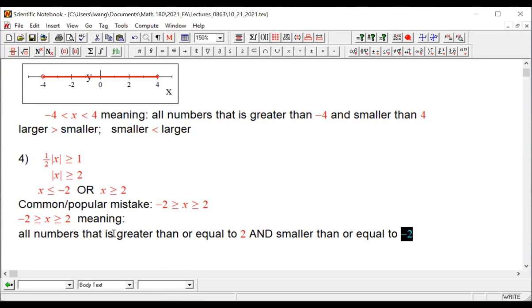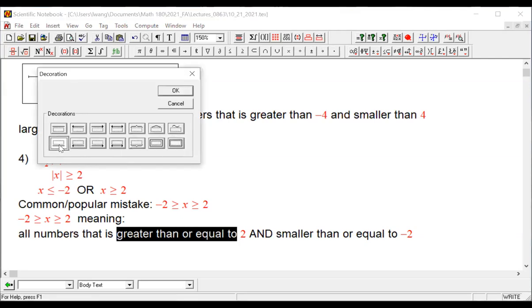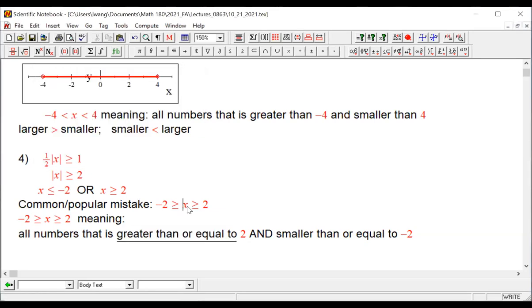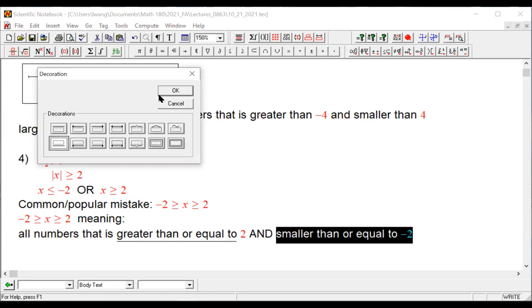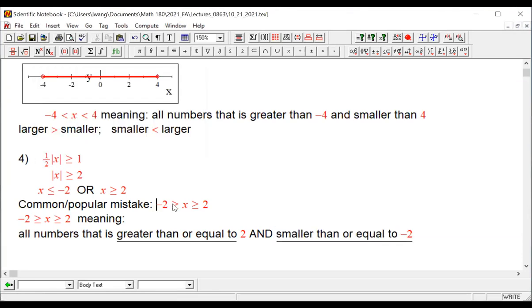All numbers that are greater than or equal to 2 describe this piece, okay? And smaller than or equal to -2 describes this piece.